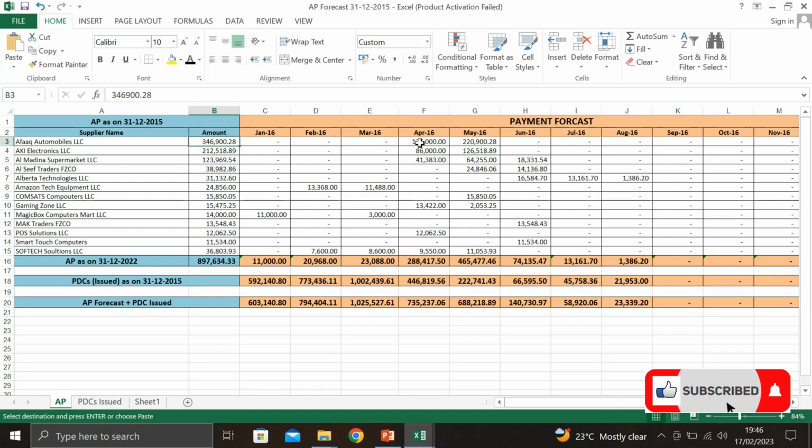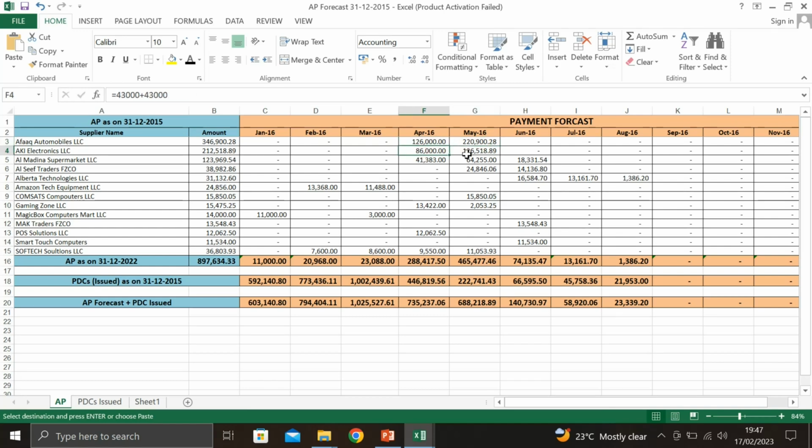Just go to each supplier ledger and check the payment history, how much payment, and how many days you are taking to make the payment. Then accordingly you will write the amounts here, that from this 346,126 I said I will pay in April, and the remaining balance I will pay in May.